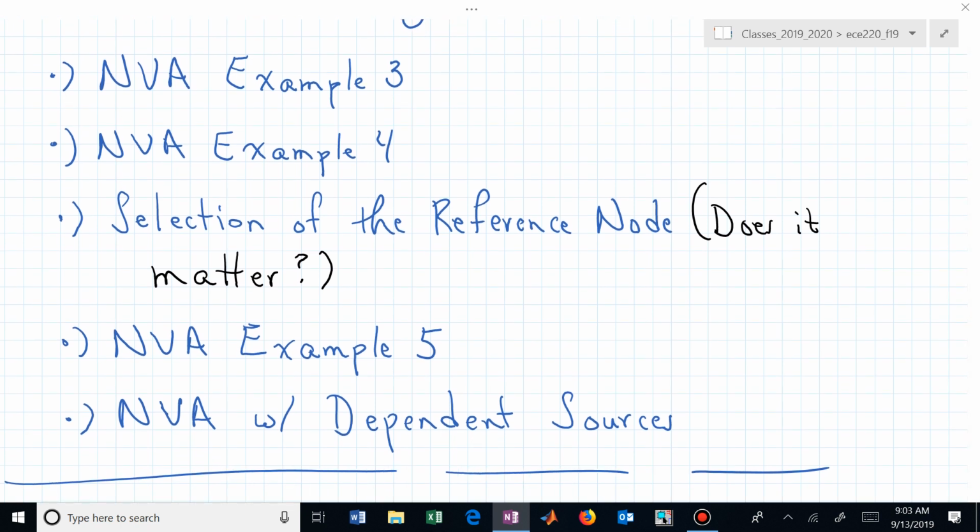go through more examples after we look at a situation that tries to illustrate why it doesn't really matter how you select the reference node. As long as you get all of the essential nodes identified and you start referring node voltages relative to the reference node you select, you should be able to obtain all the information you need for that circuit.